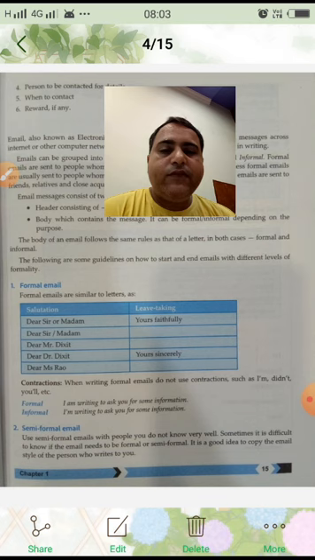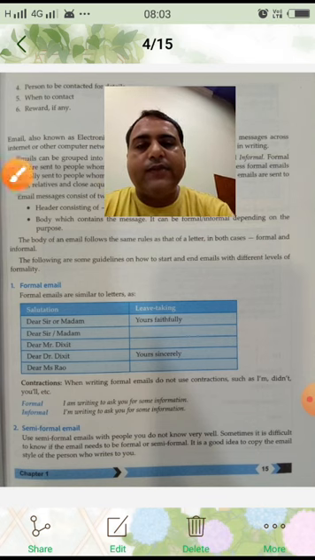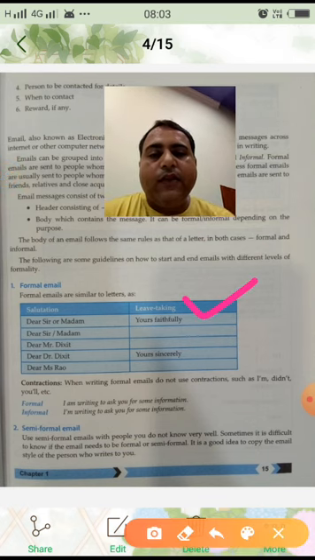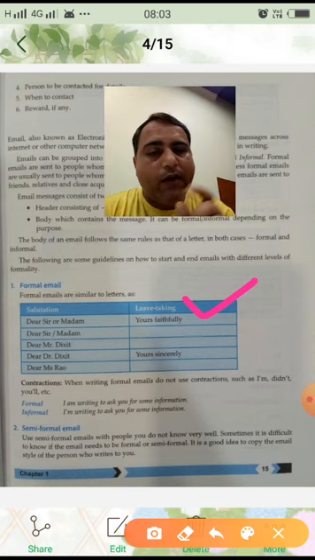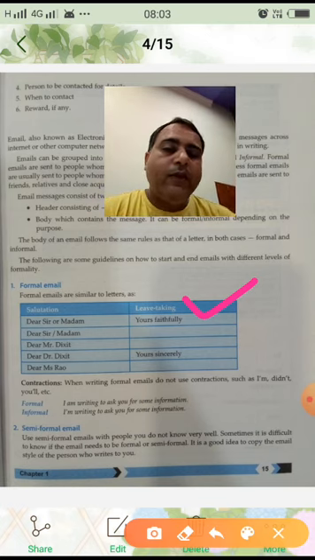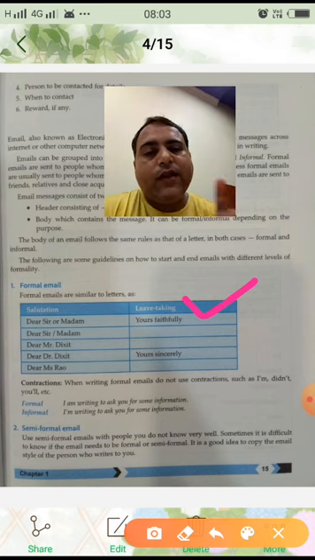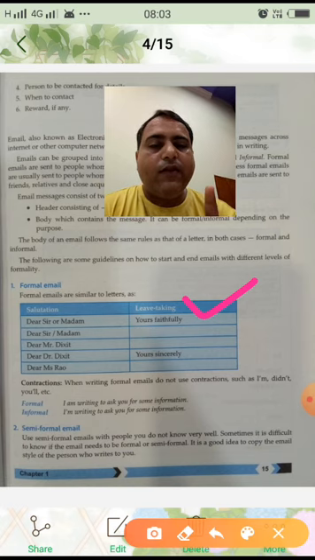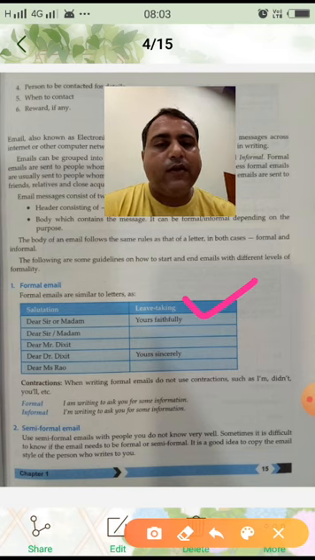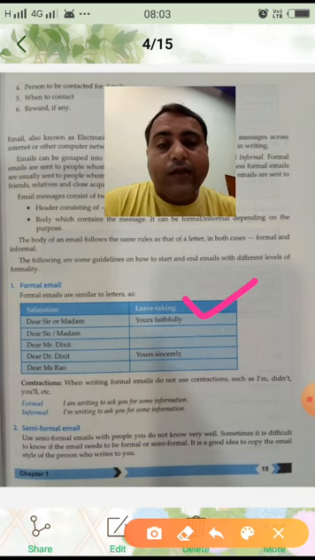And then leave taking, which is given on the other side: how you have to end your emails in the subscription. There it is written yours faithfully or yours sincerely. Only these two subscriptions are valid in your ICSE.